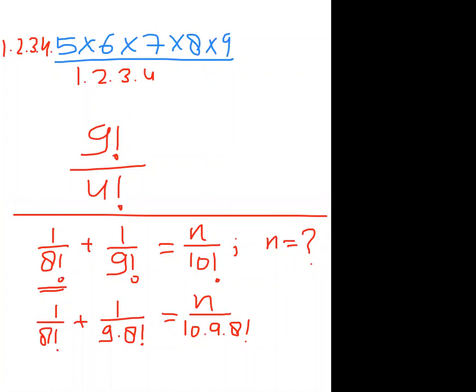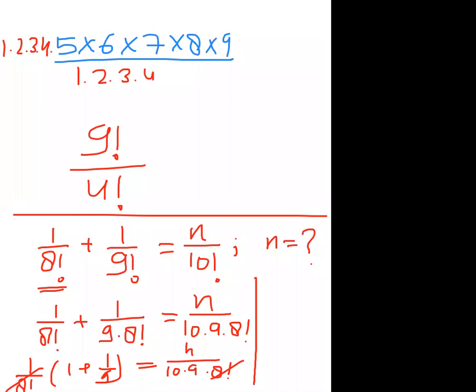Now in the LHS, I could take 8 factorial common. What is left? 1 plus 1 upon 9 is equal to n upon 10 into 9 into 8 factorial. 8 factorial will get cancelled.